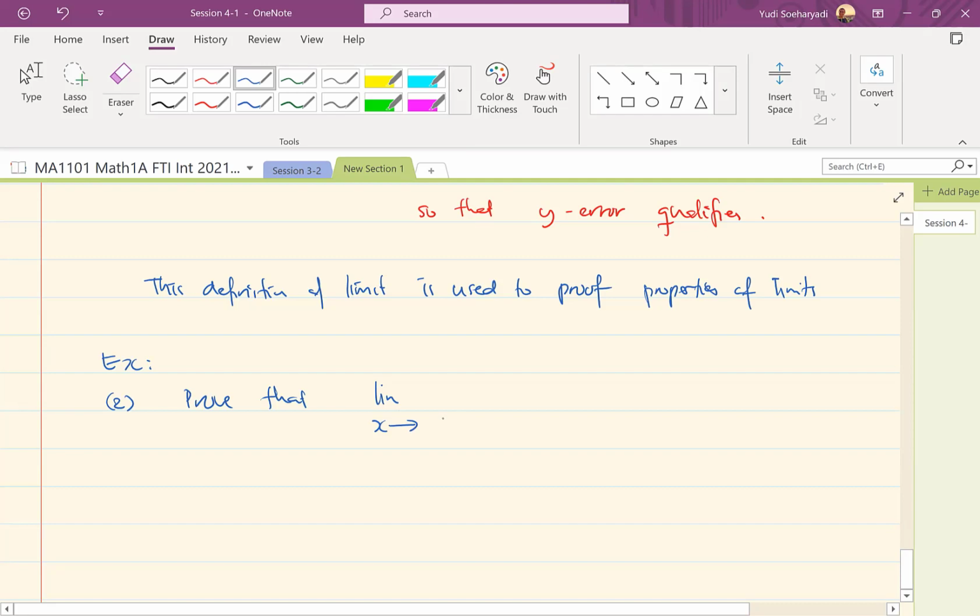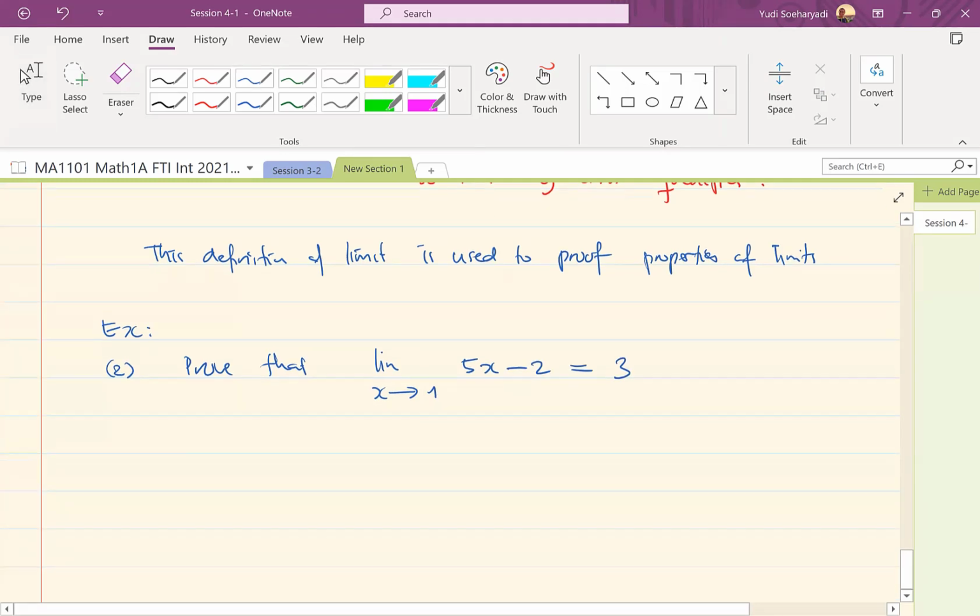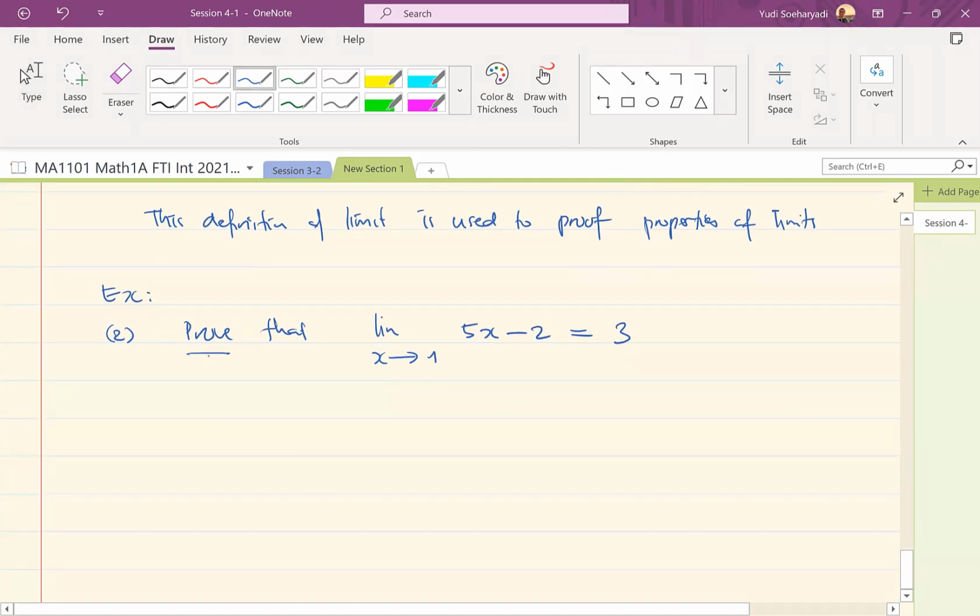You may say this is a silly example. Let's see. What should be the limit? 3. Yeah, 3. Let's prove it using the definition. Okay. Prove that using the definition.